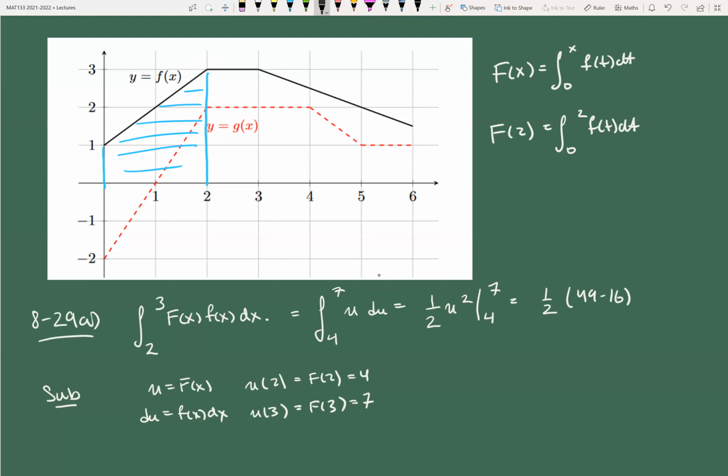The equation for f on this is y is equal to x plus 1. And so F of 2 is the integral from 0 to 2 of x plus 1 dx, which is 1/2 x squared plus x from 0 to 2, which is 1/2 times 4 plus 2, which is 4.